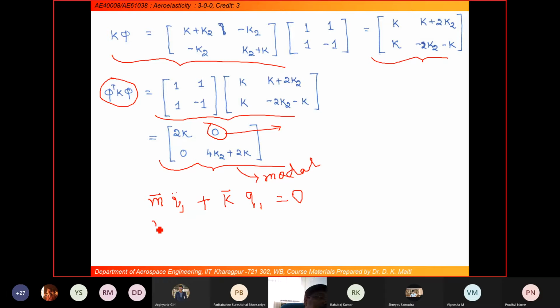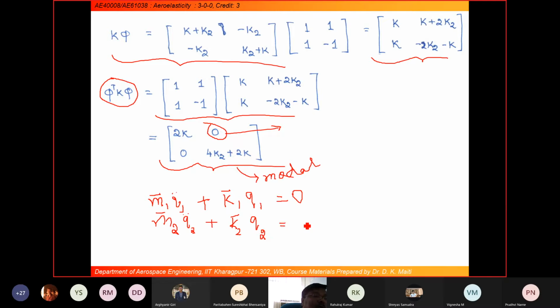Sorry, this will actually be m1 bar and k1 bar. Similarly, I will have m2 bar into q2 double dot plus k2 bar multiplied by q2, equal to 0.